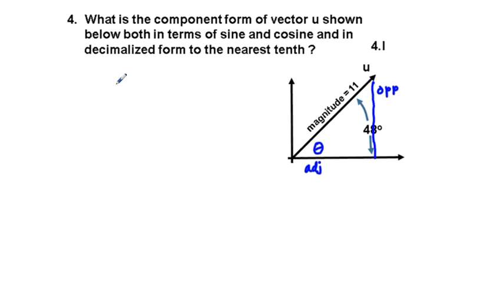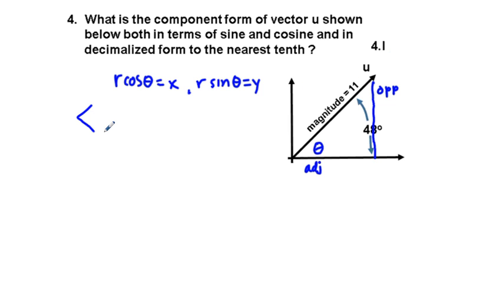The thing we need to remember is cosine theta equals x over r, or the radius, and sine theta equals y over r. So therefore, we can write this vector in component form as r cosine theta, r sine theta.